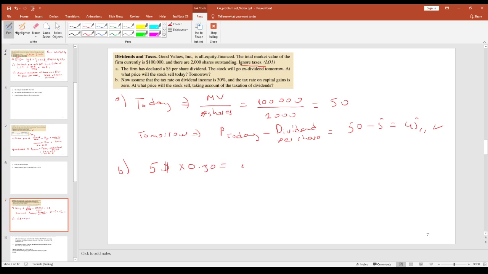You need to pay this $1.50 as tax. What will remain? 5 minus 1.50, $3.50 will be left as after tax dividend income.